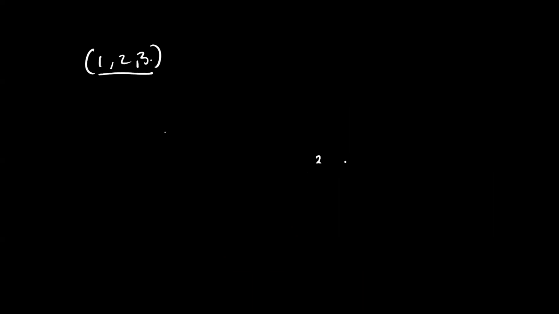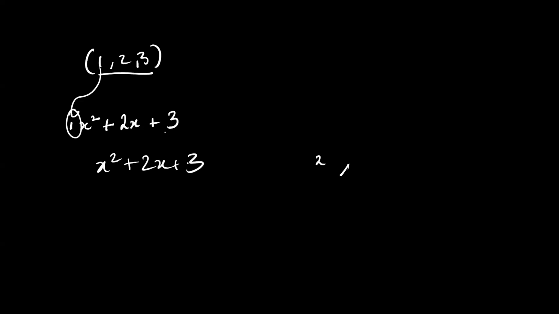Remember, if there are 3 numbers, as I told you all last time also, then the highest power of x will be 2. The first number goes with x square, then keep reducing the power, so 2x comes, plus 3 comes. This is how you will write it. Since the coefficient is 1, it is not required, so we can write it as x square plus 2x plus 3. Fine, I hope question 8 is also clear.